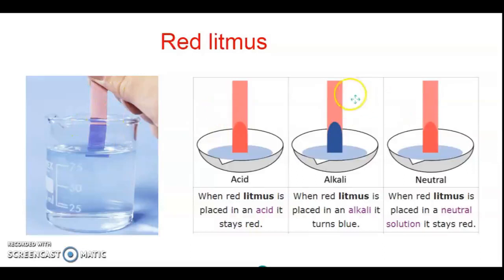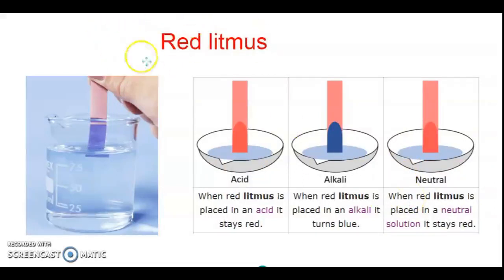When you dip the red litmus paper in a basic solution, it turns into blue. So if a red litmus paper turns blue, it means that the given solution is basic in nature. But if the red litmus paper does not change at all, that means it may be either acidic or neutral.